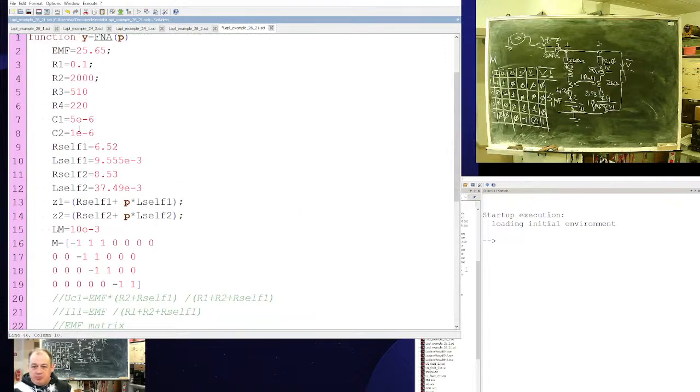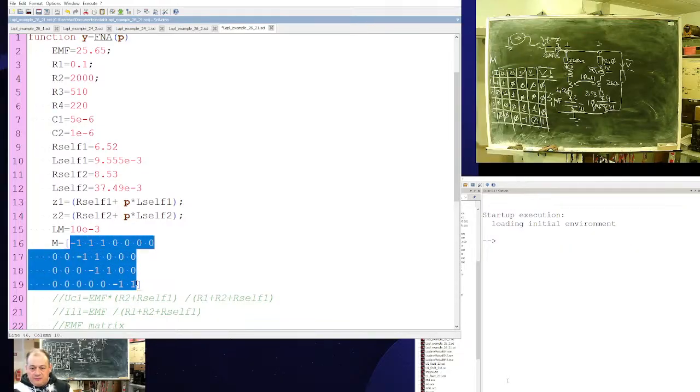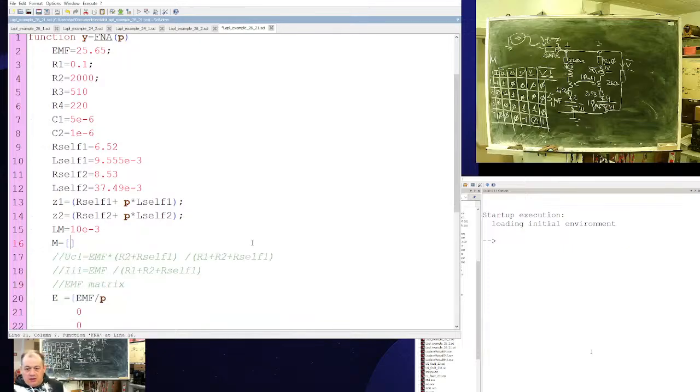It's a nice template, but it's wrong. It's for a different network. Here, first, let's change this one. This one is for a different network, but it will work.